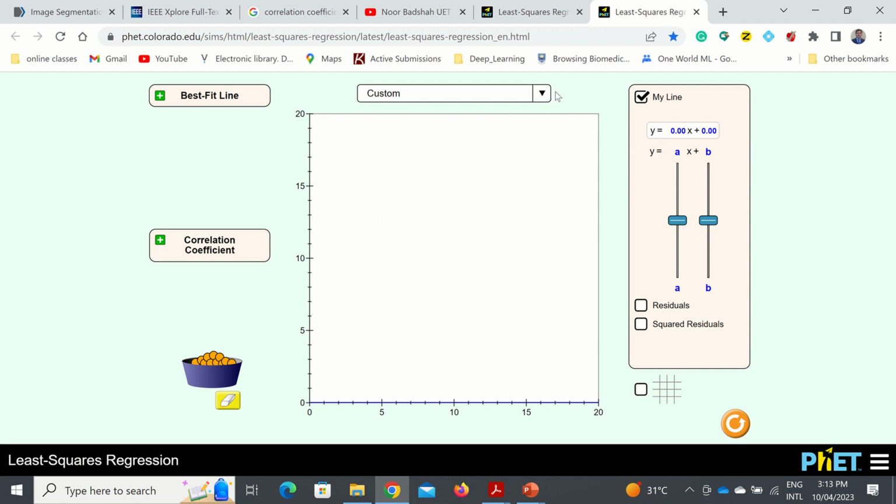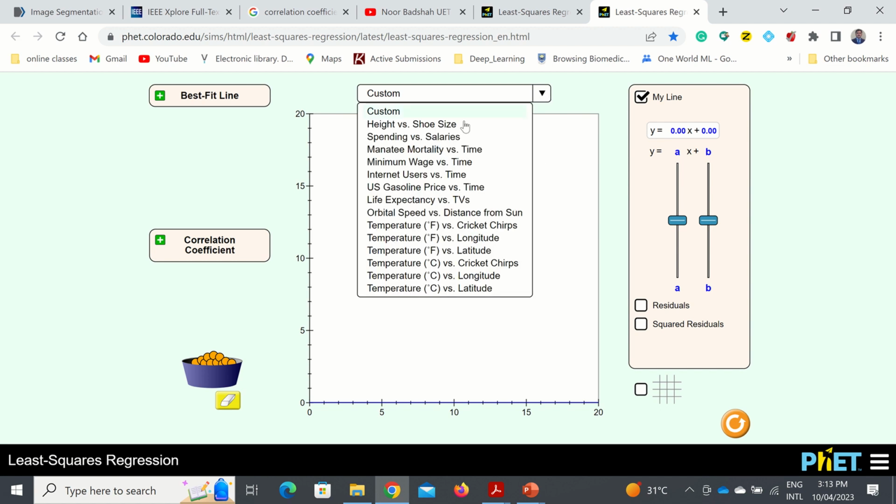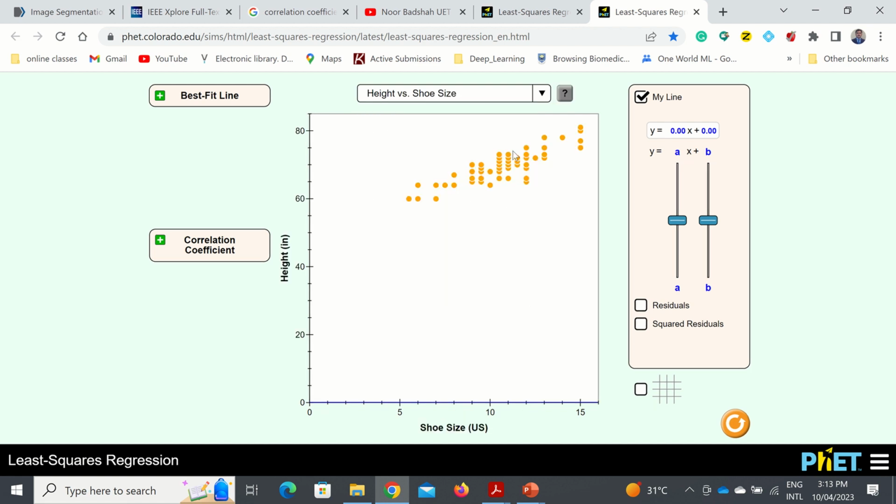Here we have simple animations. Let's suppose we consider some data, maybe height against shoe size. That's the basic data, which is a scatter diagram, and we can have different lines from here. You can change the value of A, you can change the value of B, because the straight line equation is y equal to ax plus b, or you may write y equal to a plus bx, where A represents the slope of the line, and B represents the translation along the y direction.